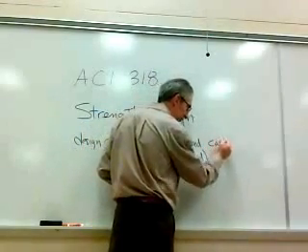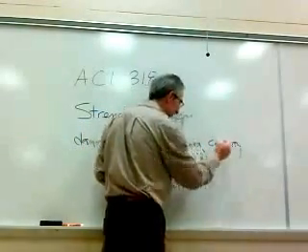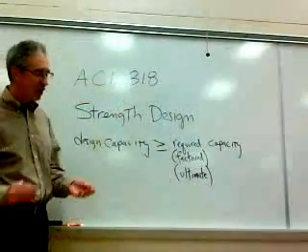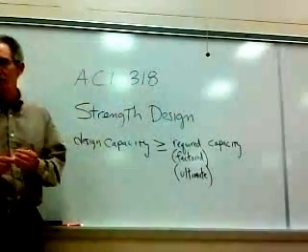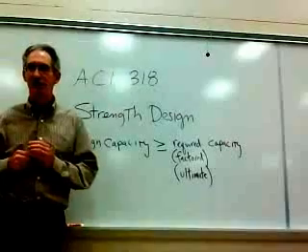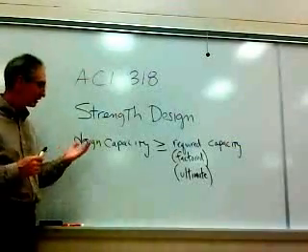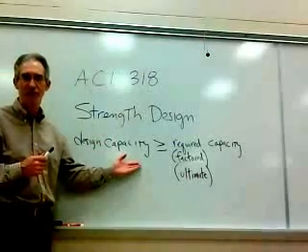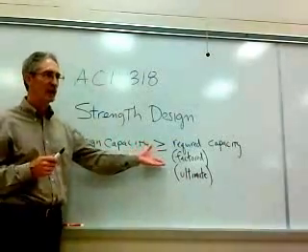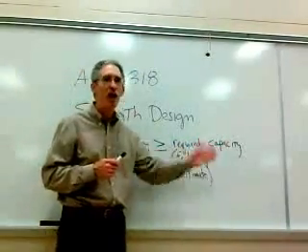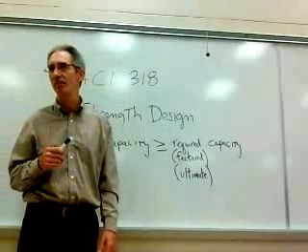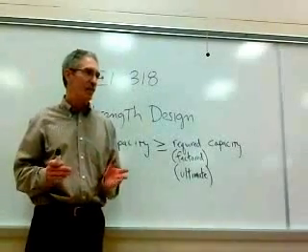So, for instance, if we're talking about bending moment design of a beam, we could say the design bending moment capacity of my beam should be greater than or equal to the required bending moment that's on the beam.